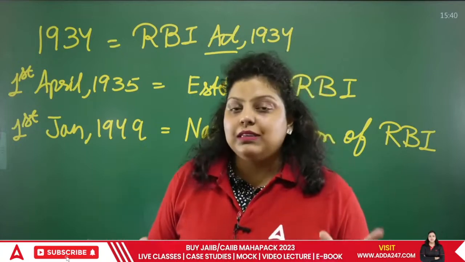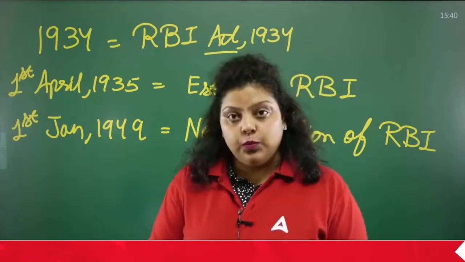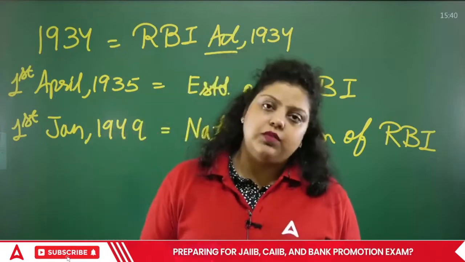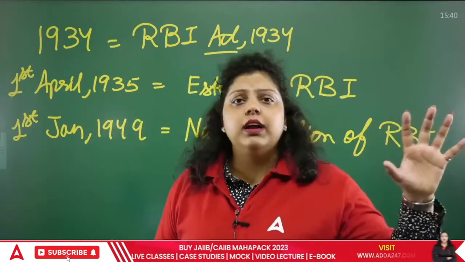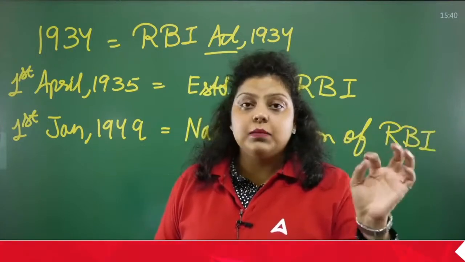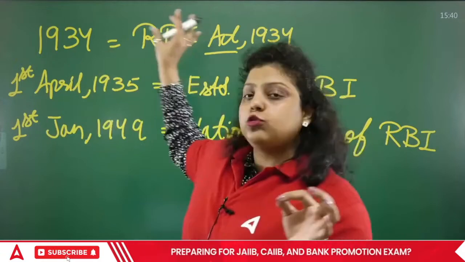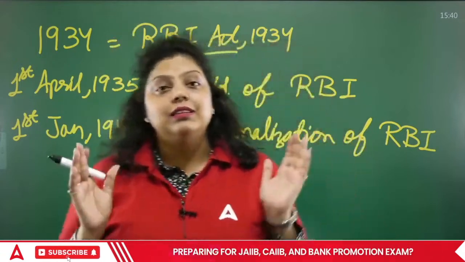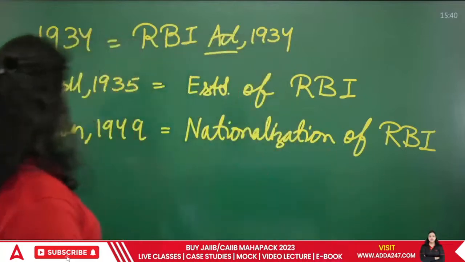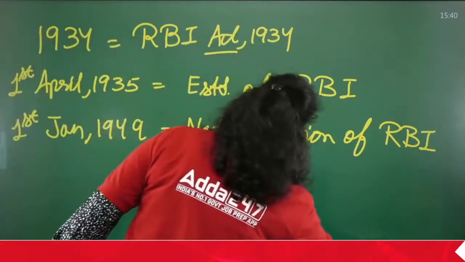These members decide what to do and what not to do. It's very obvious that the government's say will always be there in the decisions of RBI, but it's not that whatever the government says has to be fulfilled. The decisions will be taken by RBI itself because RBI has its own act, so it has statutory power. Clear?